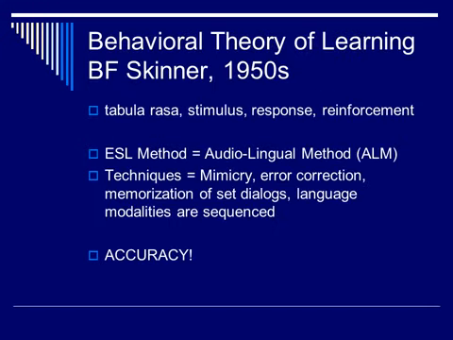In the early to mid-20th century, a psychologist named B.F. Skinner developed a theory of learning, an approach, that centered on the idea that humans learn through mimicry and memorization. The behavioral theory of learning believes that a person's mind is completely empty and that teachers need to fill it up. This idea is called tabula rasa, which means blank slate in Latin.